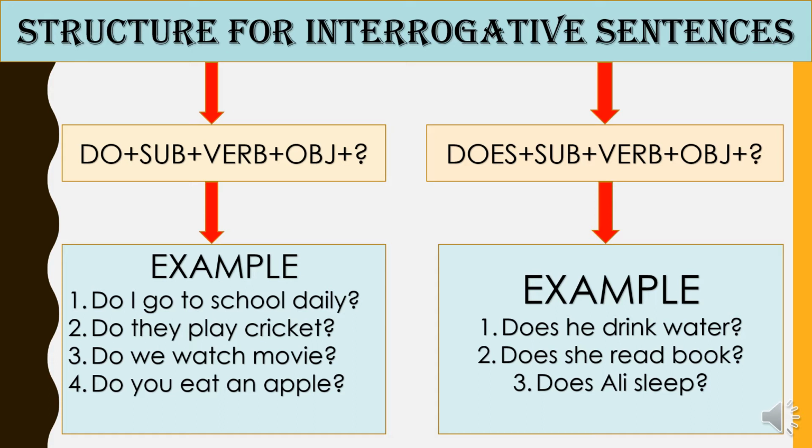Do we watch movie? Do you eat an apple? For the third person singular, we are using does plus subject plus verb plus object plus question mark. Examples are: does he drink water? Does she read book? And does Ali sleep? Right, my dear students? Similarly, we are not using s and es with the verb while we are using does.